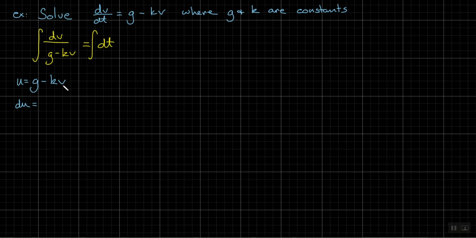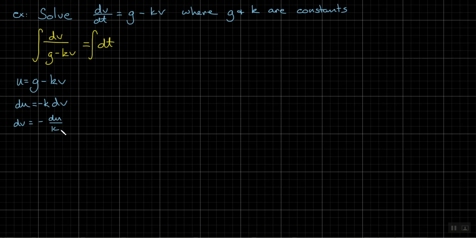What's the derivative of kv then? It's just k. Negative k, thank you. So dv is just negative du over k. And it's weird because we have a different variable, but as long as you relate it back to, oh, I know what the derivative of 4x is, it's the same idea, just different letters.